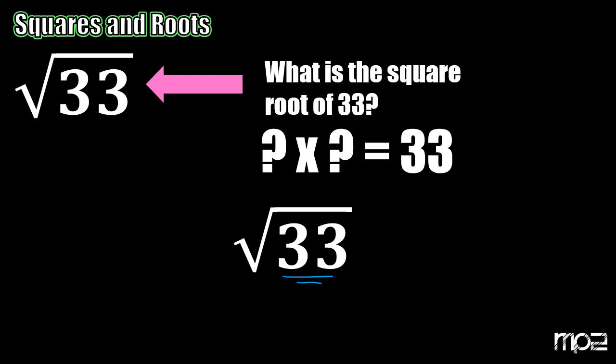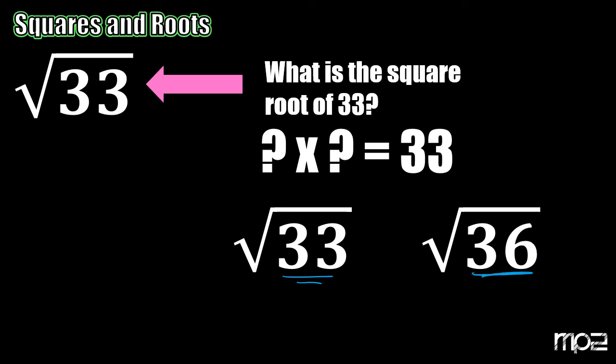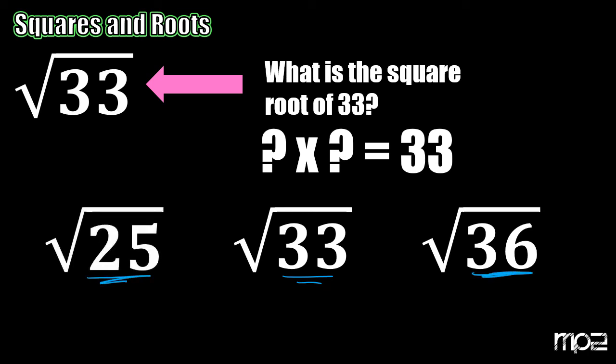And what I'm going to do is write two perfect square numbers on each side of it. So I can say that the bigger number, the square root of 36, can go there. And the square root of 25 is going to go to the left. And I can figure out easily what the square root of 25 is. That's 5. The square root of 36 is 6.